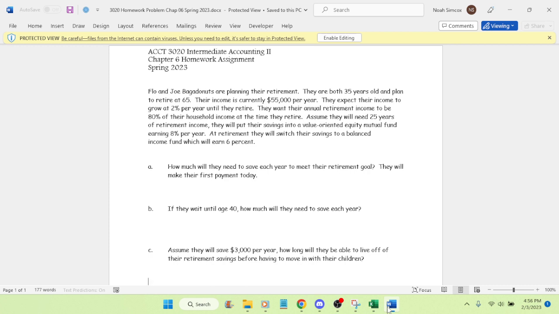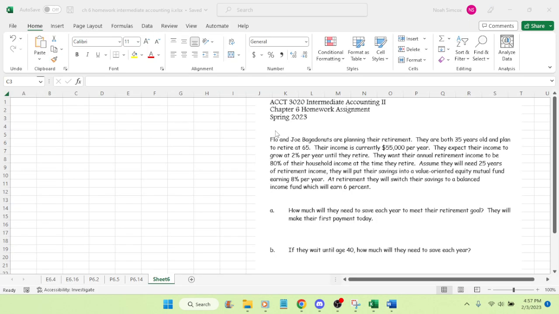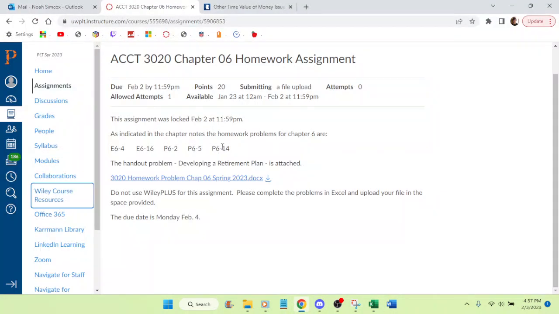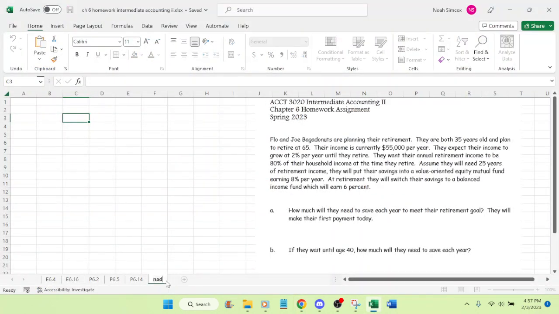Retirement problem, separate homework problem. Handout. I'm going to say handout problem. I'm just going to call it handout problem. That's funny. Bag of donuts.